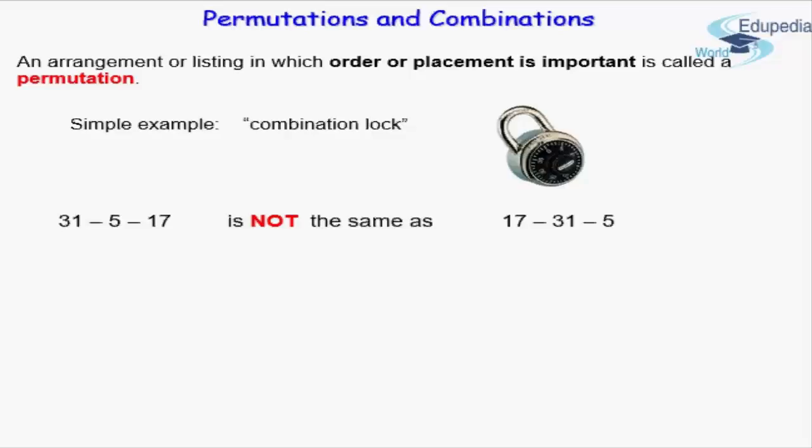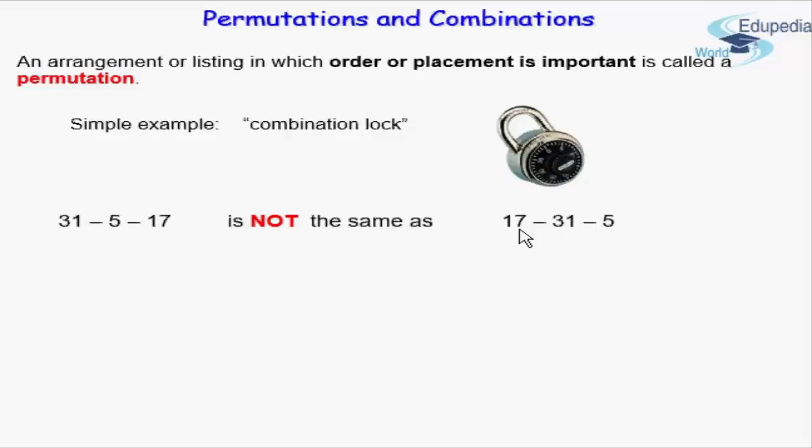Now we see a very simple example of this with the dial lock in front of you. Now if the password or the way to unlock is 17, 31 and 5, like the 3 numbers for opening this lock are 17, 31 and 5. Of course, this is not the same as 31, 5 and 17.